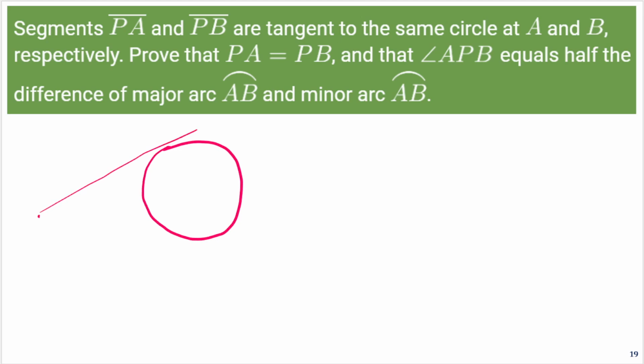PA touches the circle only once. PB touches the circle only once here. Can you prove PA equals PB and angle APB equals half of the difference of major arc AB and minor arc AB?